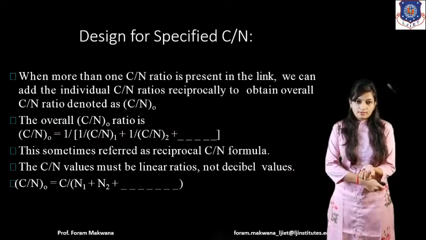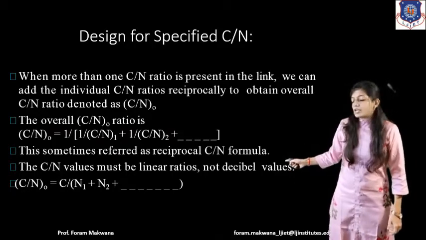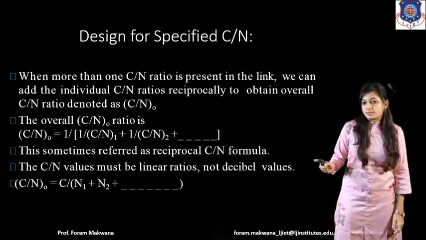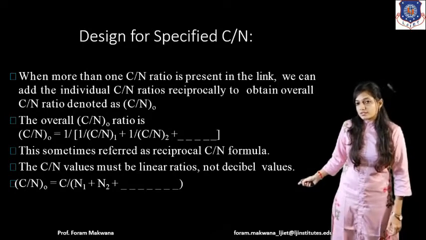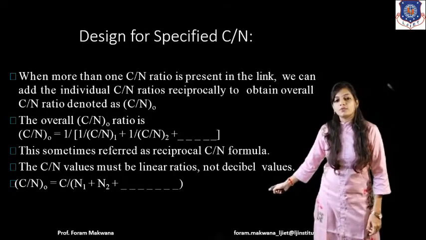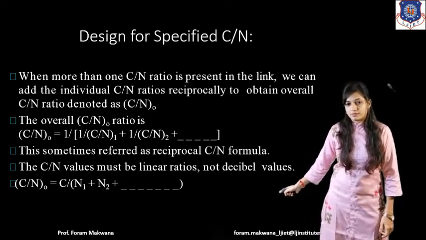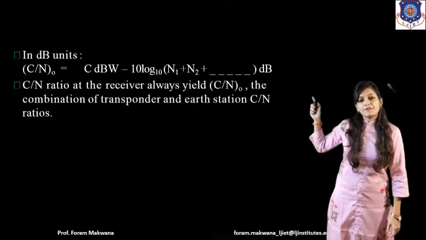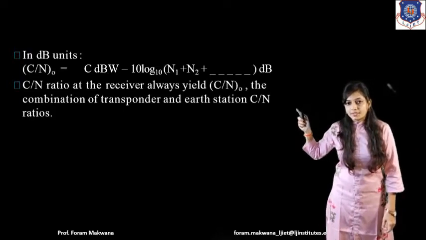Apart from that, this carrier to noise ratio must be a linear ratio, not in decibels, so that we are able to calculate with this equation. But if it is in dB, then how do we calculate it?